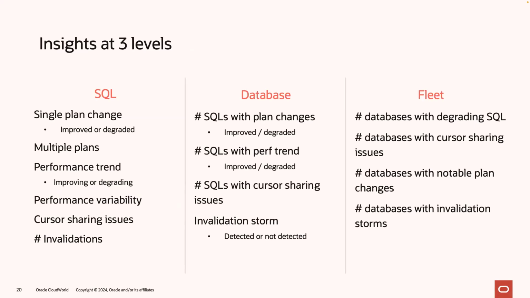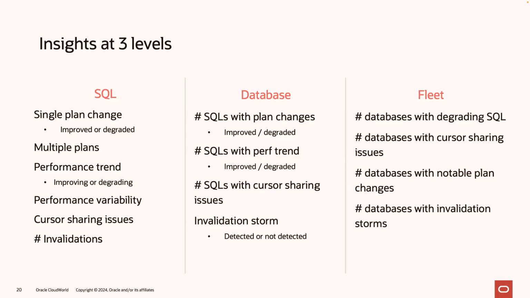The first level, the primary level, is the SQL level. So we look for a single plan change, and we identify whether it was an improvement or a degradation. That's important. Most of the time, when you think about a plan change, it's the plan change from hell: the optimizer made a bad decision, the SQL went south, everybody got hung up, and it was a big problem. Nobody ever tells you about the plan changes that made things better or how much better they made things.